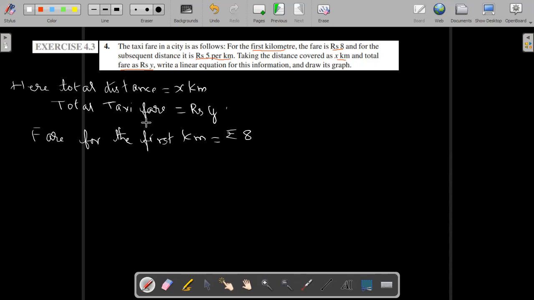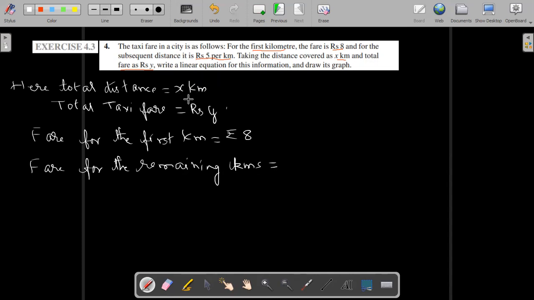The remaining kilometers will be x minus 1. So the fare for the remaining distance, because the rate is different for the first kilometer and the remaining kilometers.